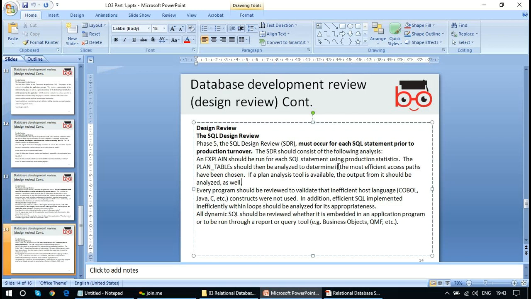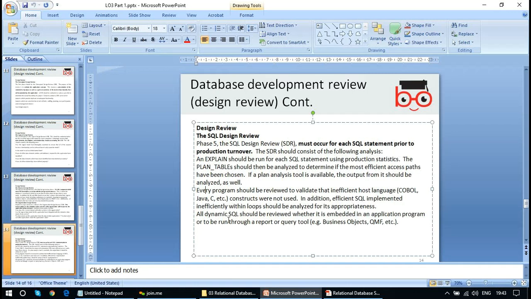So you created a structure, and your structure needs to be queried using SQL, so that everything should be efficient, and the efficiency of the SQL, the retrieval of the data, is dependent on the programming language as well. Like this paragraph: every program should be reviewed to validate that inefficient host language constructs, COBOL, Java, etc., were not used.